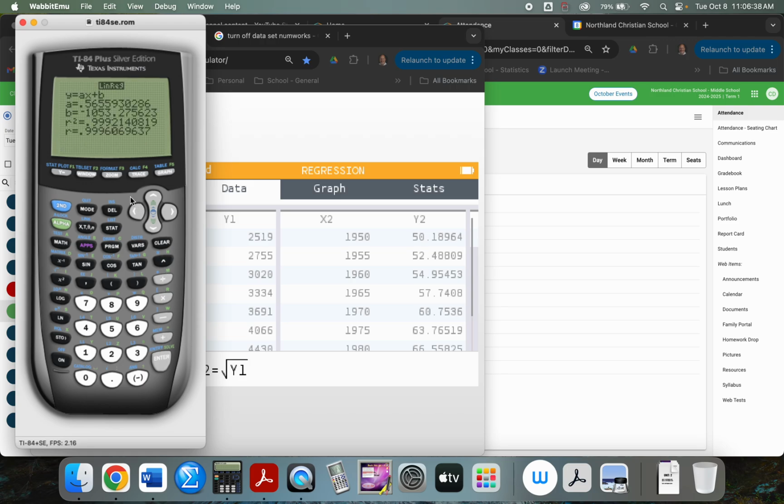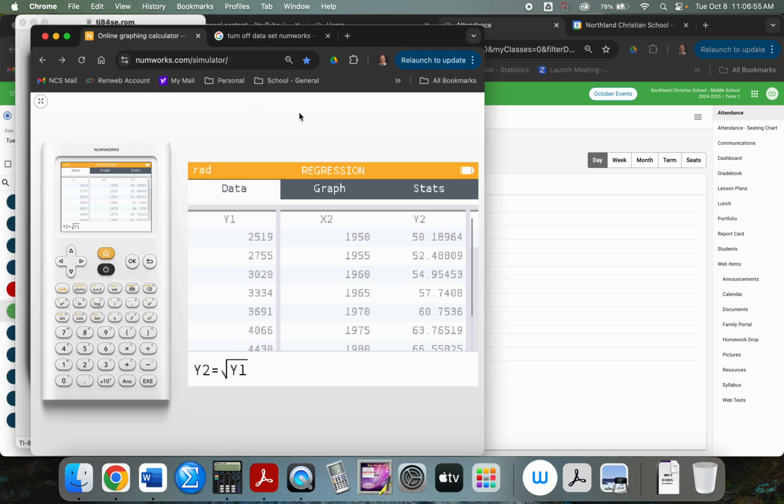Oh, I didn't tell it to calculate. I forgot. Now let's try it. So, for those of you who've been playing with this on the NumWorks, I've got to turn mine back on because I turned this off.